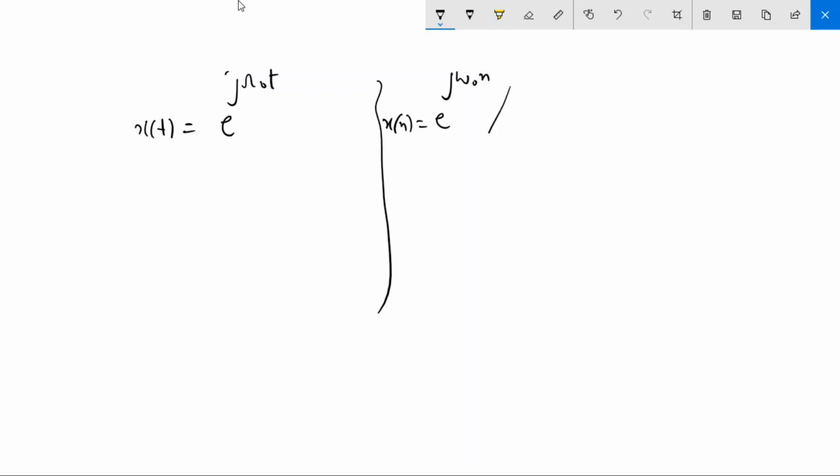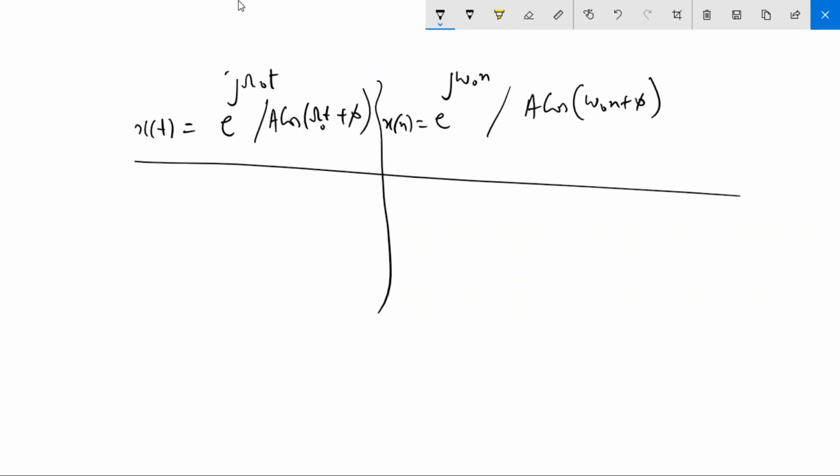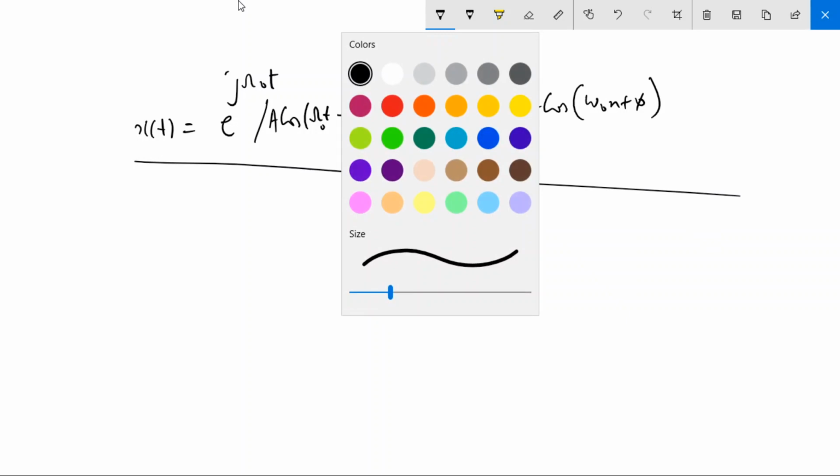Or you can also compare them with their sinusoidal counterparts, cos(omega naught n plus phi) and cos(omega naught t plus phi). Okay, so there were some important differences that we have explored.